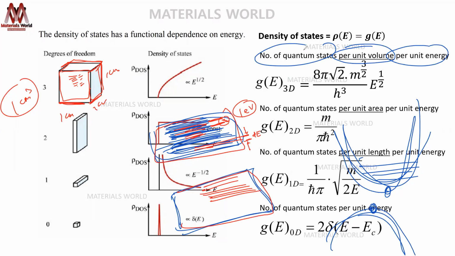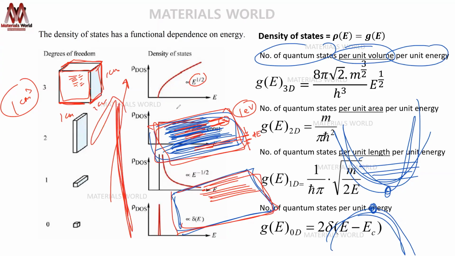Okay, so if you go up in energy, this axis is my energy. If this is my band structure, my conduction band is always at higher energy. If you go up, your density of state will start increasing.